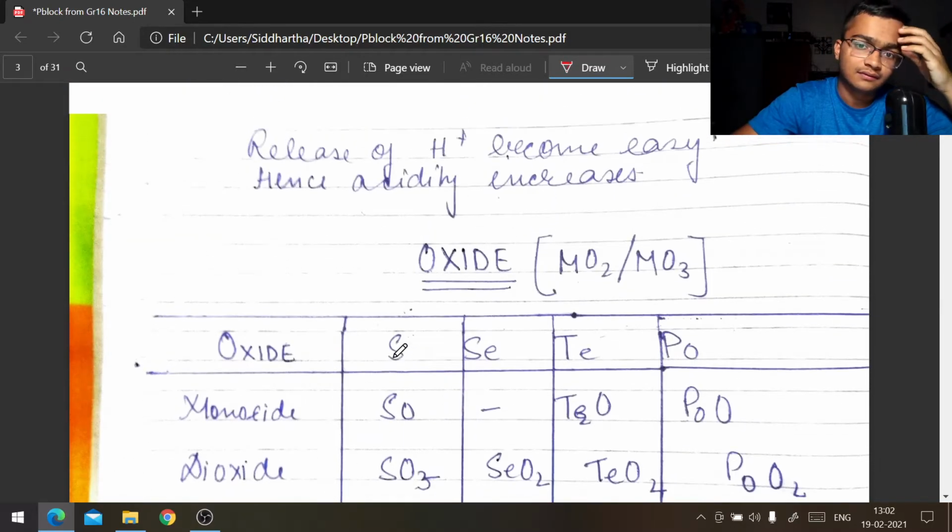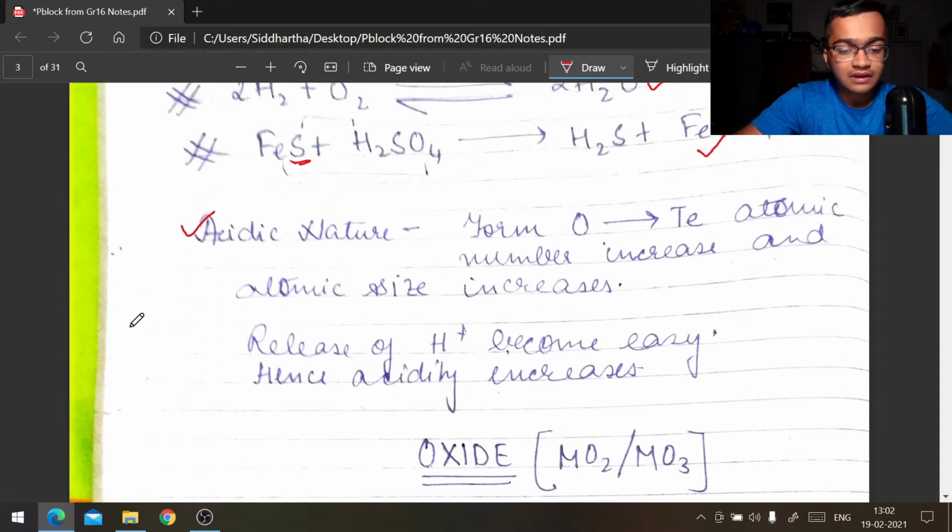Now I have already said that from top to bottom the metallic character increases, right. The non-metallic oxides are acidic, and the metallic oxides, MO, are basic.